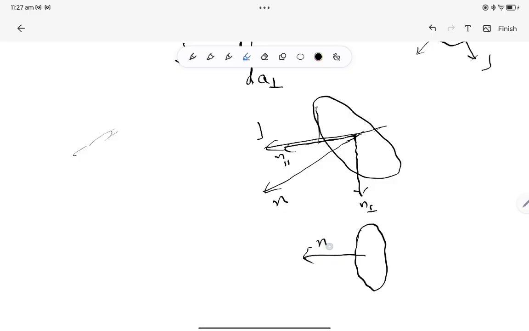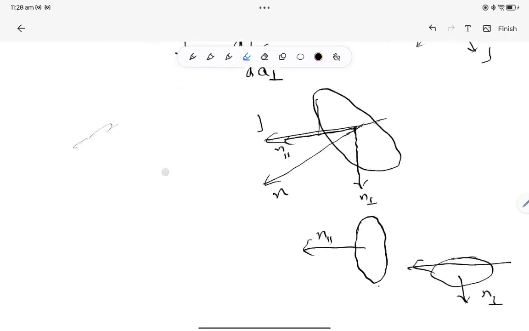This is normal and parallel, and another will be this perpendicular. Now this will not contribute to flux of current density, because current density will be parallel to it. This will, because only the perpendicular component of area counts. You see it is perpendicular to this normal. That is the area that I am mentioning here.